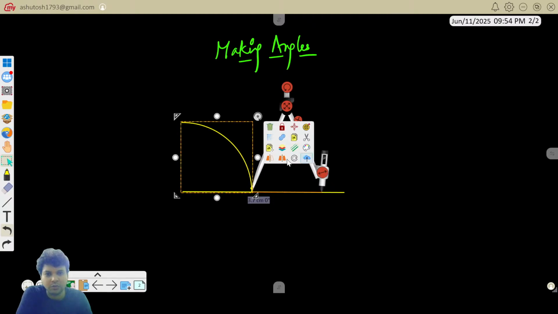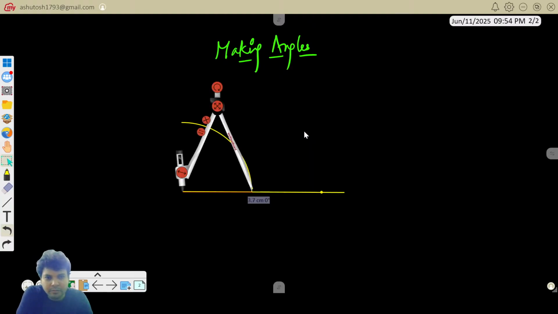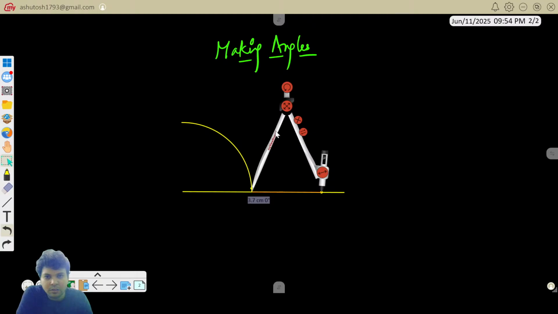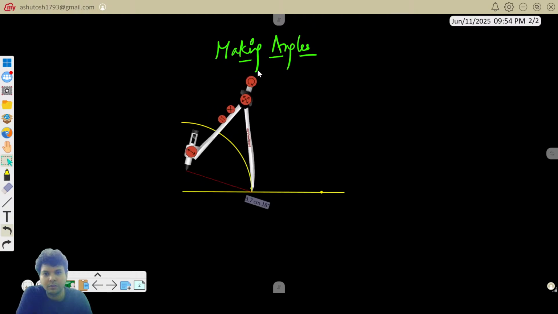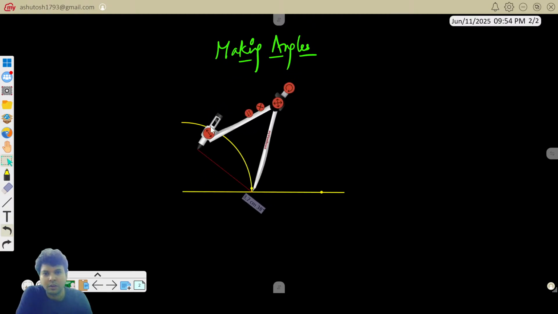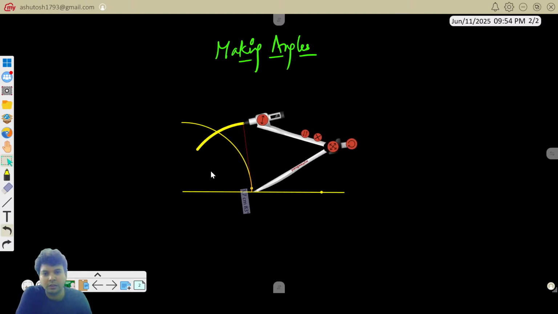So you have to reduce the size also for this thing. Now from here you make a small cut here.